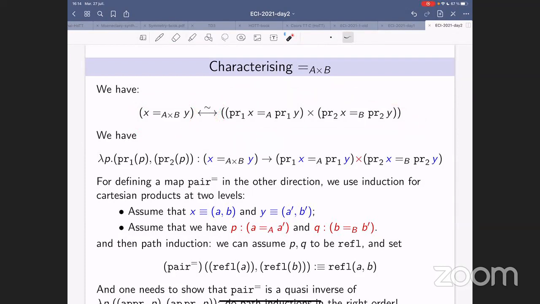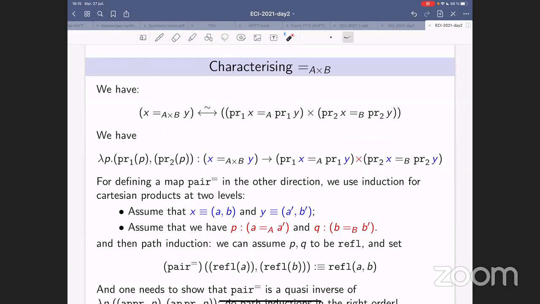So in other words, if we want to prove that X and Y are equal, you just have to prove that their first projections are equal and the second projections are equal. So how do we prove this? Remember what we need to do: we need to find a function from here to here, a converse function from here to here, and a proof that they are inverse up to homotopy.